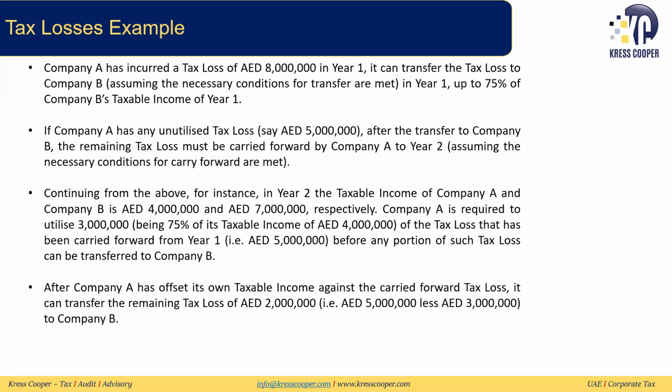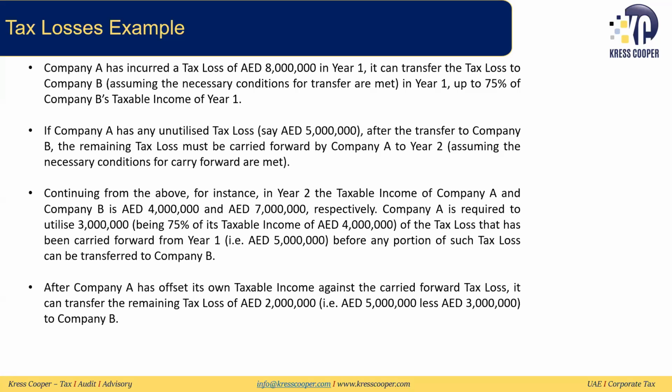So they need to utilize from this 500 that they carry forward first themselves, the 300,000. And then they can transfer anything left over to another company, let's say company B in this example. So after they have utilized their share of 300,000, whatever is remaining, that is 200,000, they can then transfer it to company B.